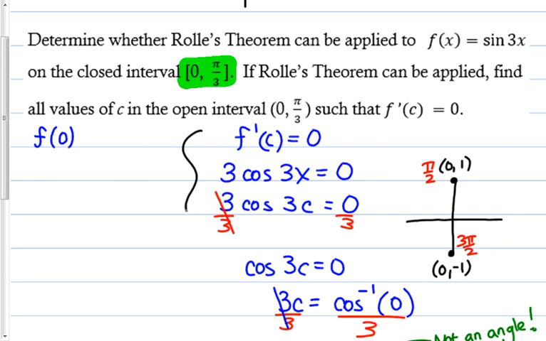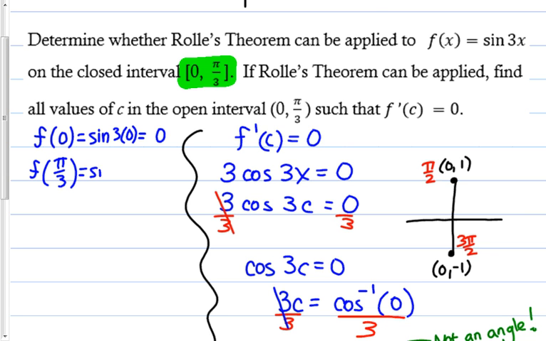Before starting, I just told you that this is differentiable, no problem. But an easy way to check would have been to plug in your endpoint 0. So sine of 3 times 0. Figure out what you get: 0. Then plug in the other endpoint, which is pi over 3.